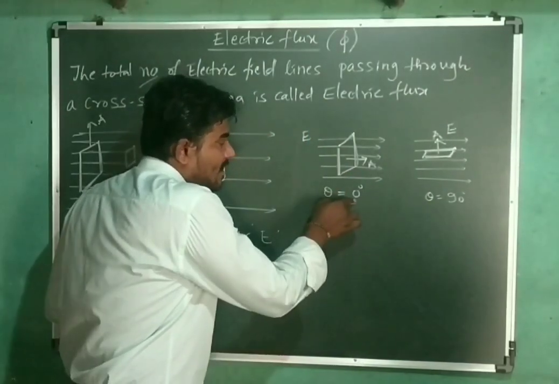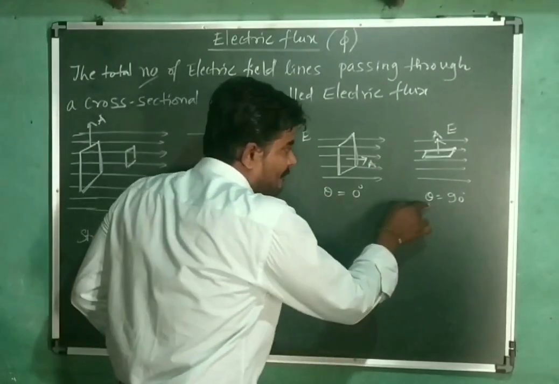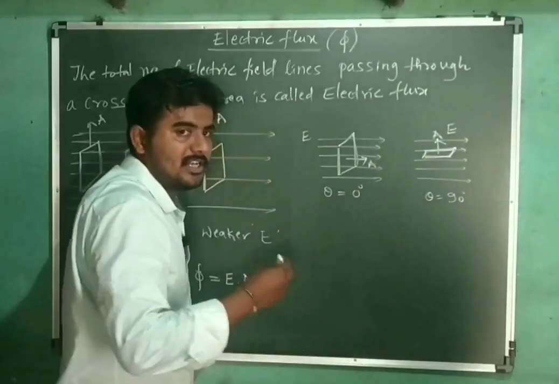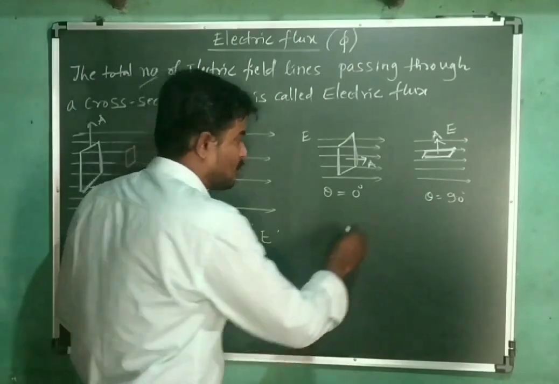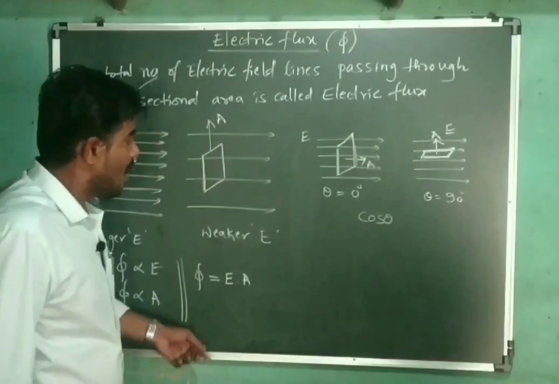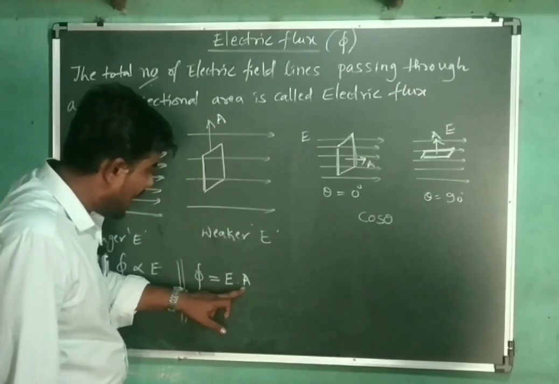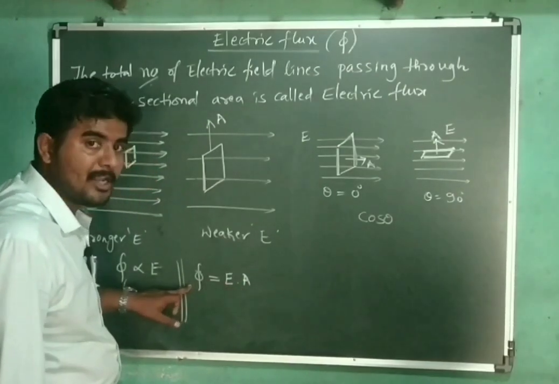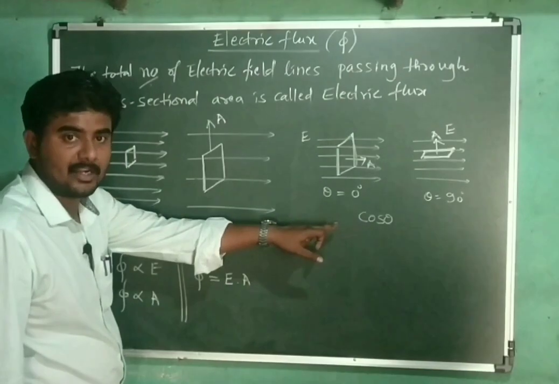For 0 degree maximum result and for 90 degree minimum result, which trigonometric function can give this? It is cos theta. Therefore, along with electric field intensity and area, flux also depends on what? Cos theta. Understood?